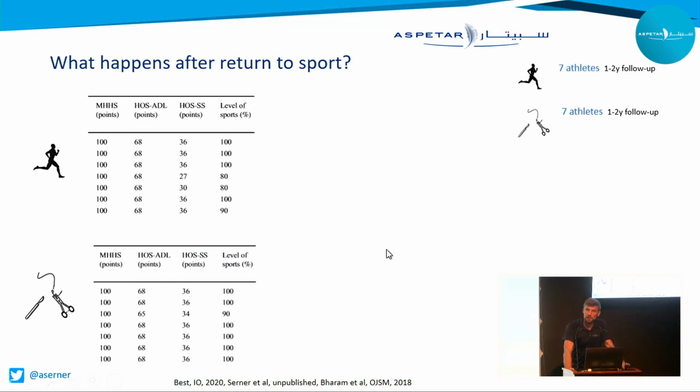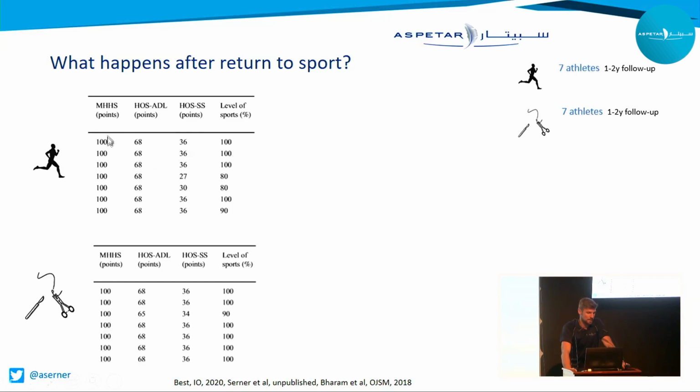If we're looking at patient-reported outcome measures, here's a study from one institution where they compared 2 groups that had received either a non-surgical approach or a surgical approach. And we can see they use different types of patient-reported outcome measures: the modified Harris hip score, hip outcome score on activities of daily living, and sport-specific hip outcome score, level of sports here.